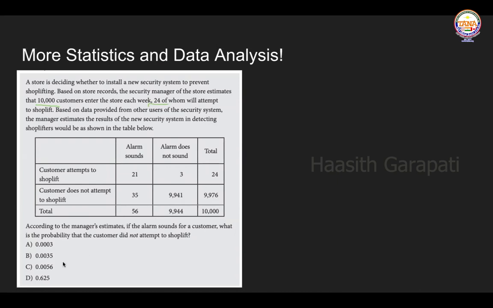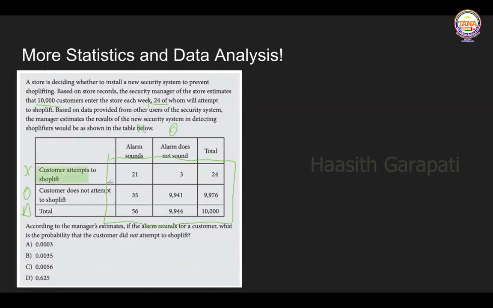Okay, wow, there's a whole lot of words. Basically, this whole section here represents all the people who are going into the store, and everything on the left and right represents different conditions that happened. So, for example, if you wanted to find the number of times where a customer attempts to shoplift and an alarm sounds, okay, let me change my drawing style.